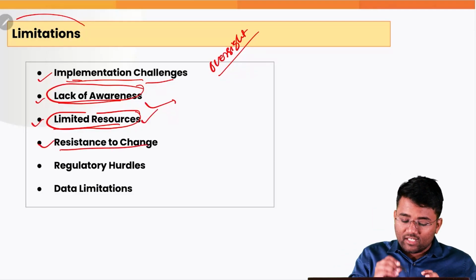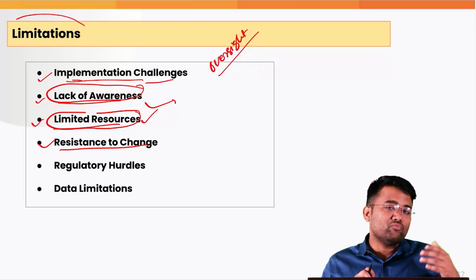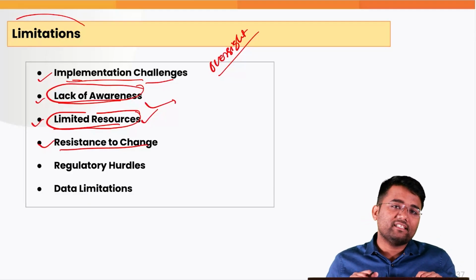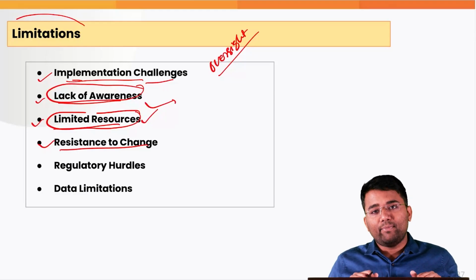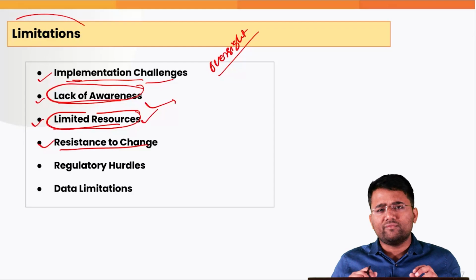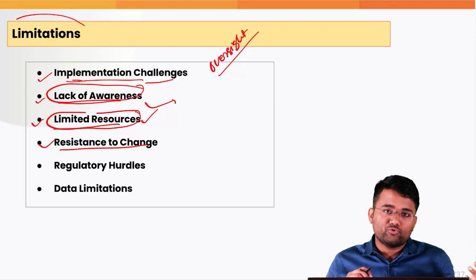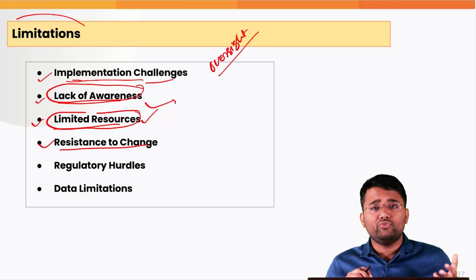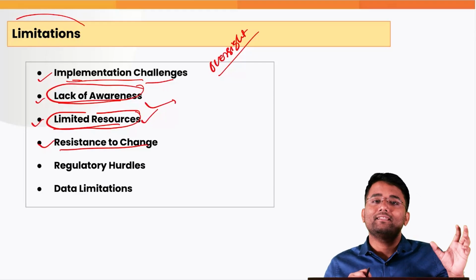Then the resistance to change. We have seen it has been very difficult to nudge farmers towards moving to new age technologies or sustainable farming practices. What we have seen in case of the paddy and the wheat cultivation in the Punjab Haryana regions is that despite government's efforts as well as a lot of issues arising from the stubble burning, there has been a lot of stubble burning that keeps going on, and in the upcoming months we might see more and more air pollution as well as smog like situations in the Delhi NCR region, and one of the major reasons for that would be the stubble burning.